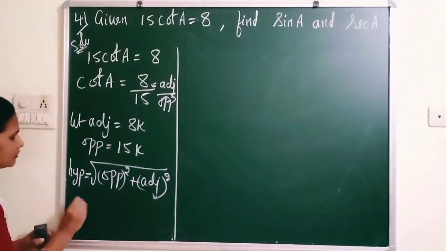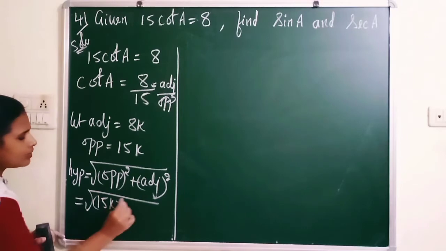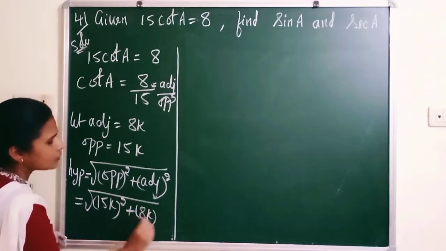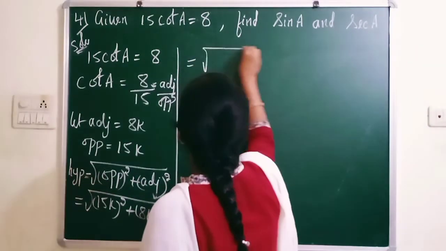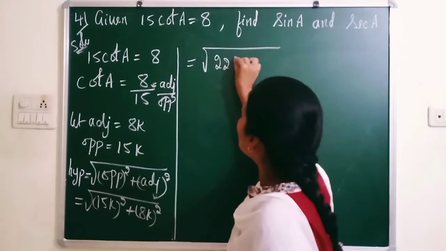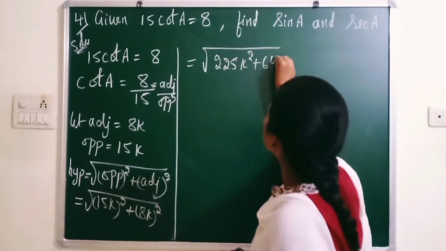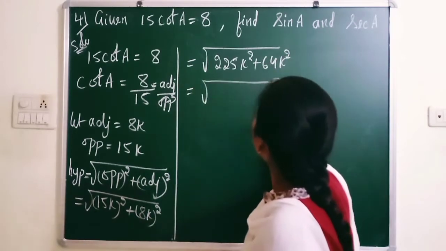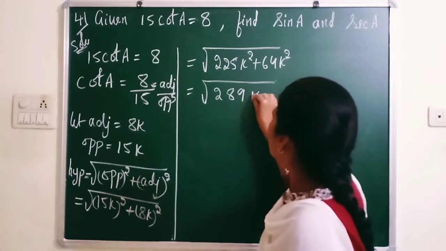Now substitute the given values. Opposite is 15k whole square plus adjacent is 8k whole square. So now we get root of 15 15s are 225k square plus 8 8s are 64k square. After adding, we get 289k square.